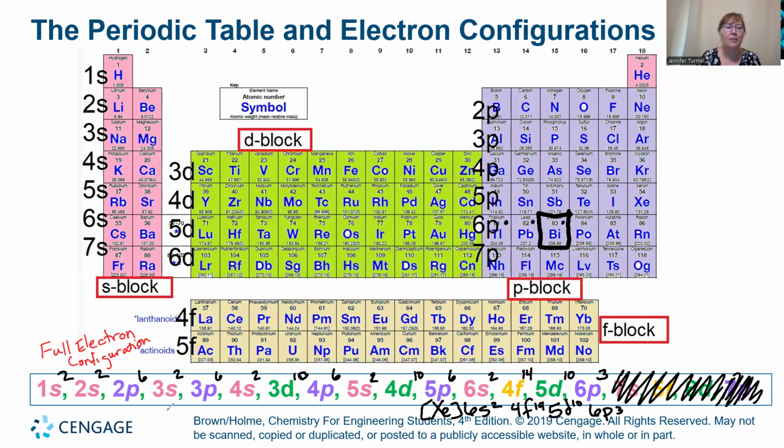But down here, I have just the valence electrons, and I have a noble gas or valence electron configuration. And I will often ask for both. All right, these are not too bad when you get the hang of it, but sometimes they can take a little bit of time to get good at.